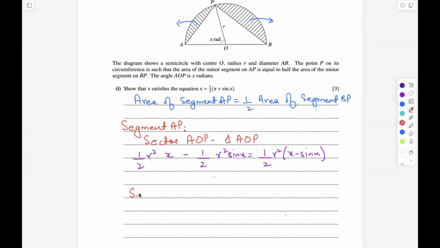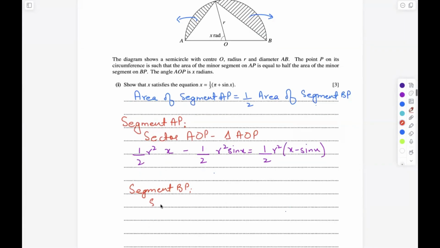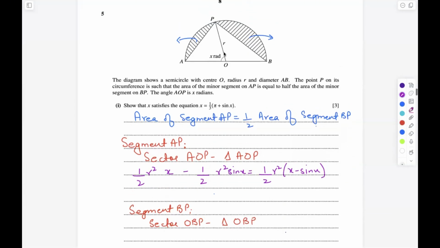Now finding the area of segment BP, we'll find it the same way as we did for the segment AP. So the area of segment BP will be equal to the area of sector OBP minus the triangle OBP. Now in this case, as this angle is x, this angle will become pi minus x, as the angle on a straight line is 180 degrees, or in radians it is pi.